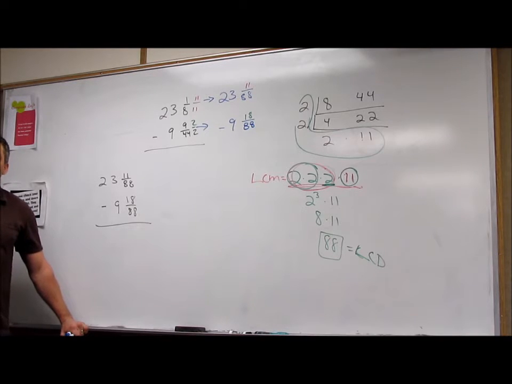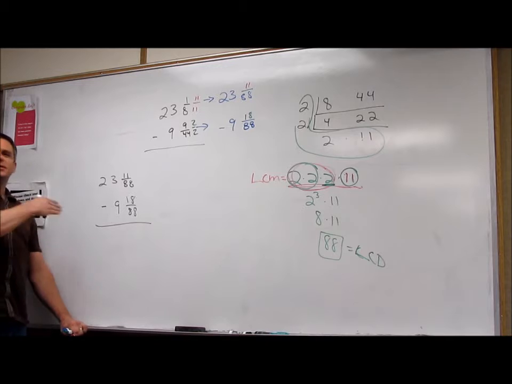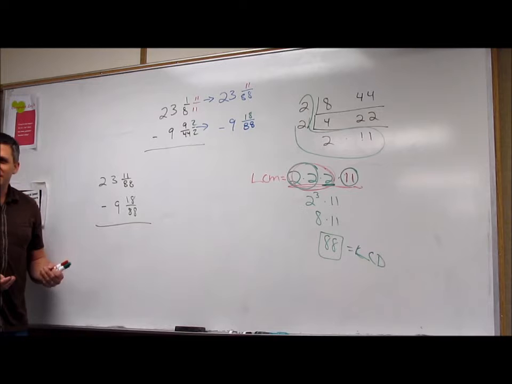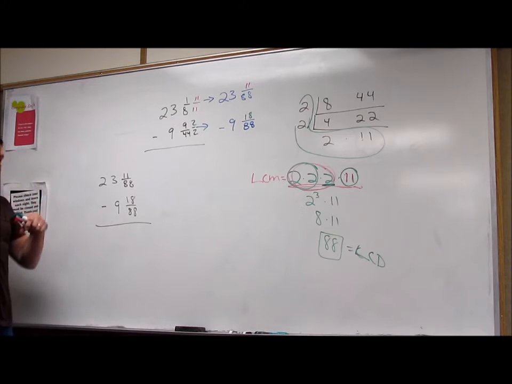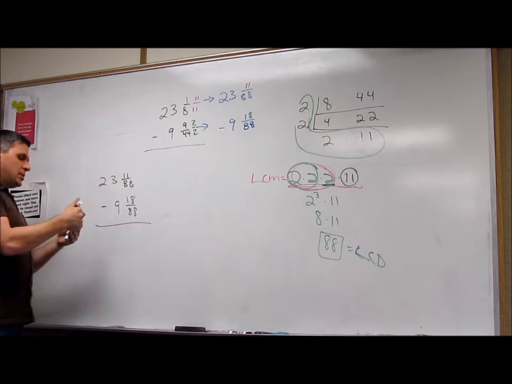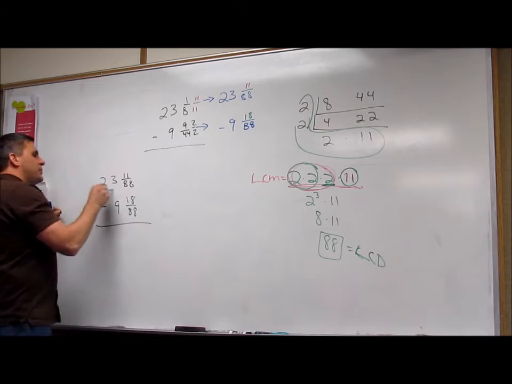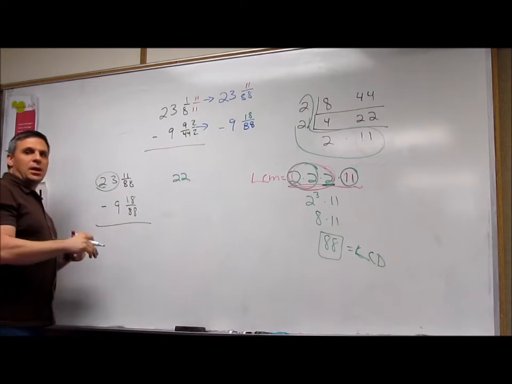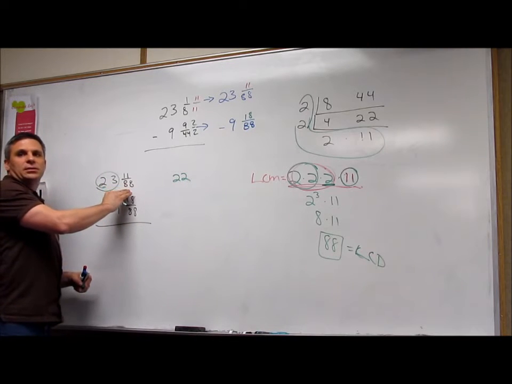We don't want to deal with negative fractions inside a positive number, right? That's confusing. So what we have to do is borrow from the 23. We're going to make it a 22, and we're going to add 1 to this.